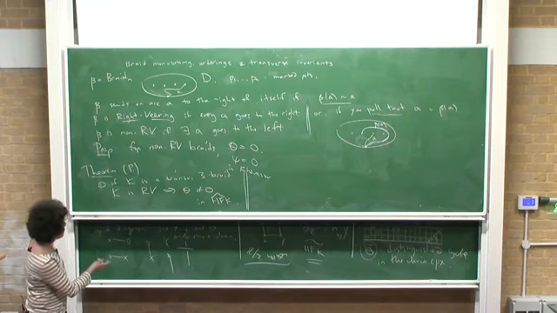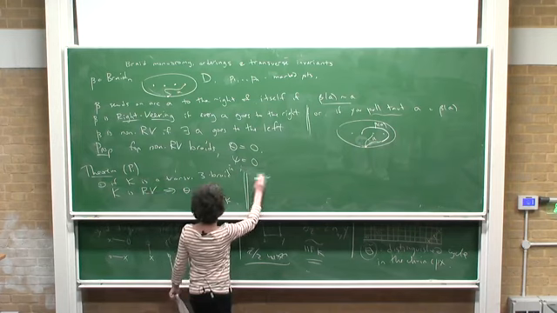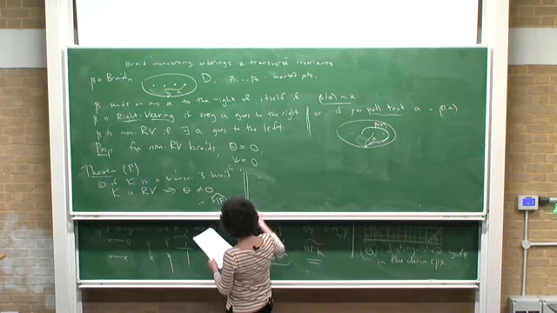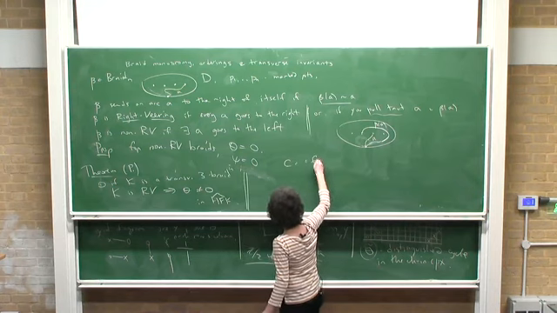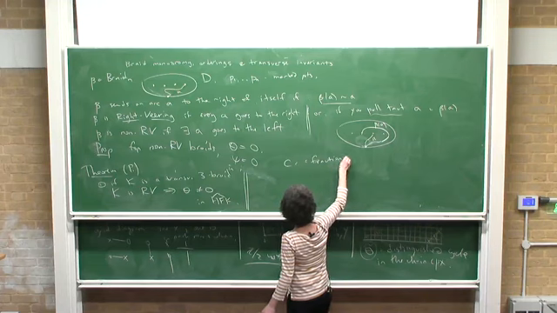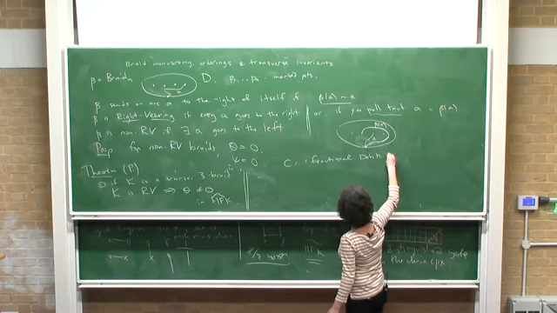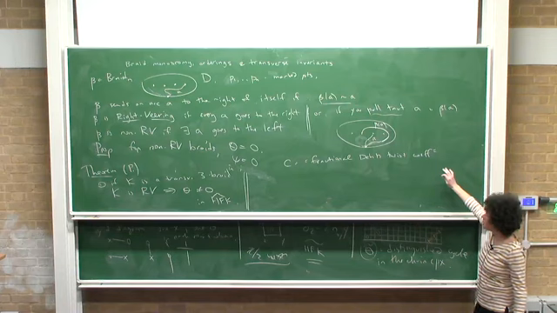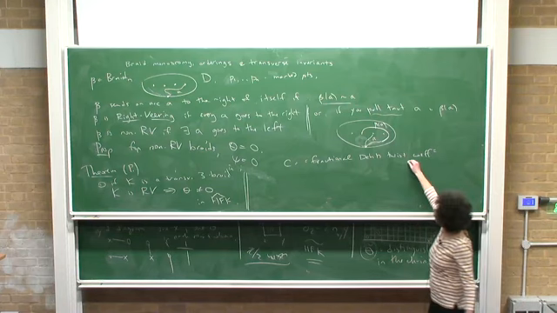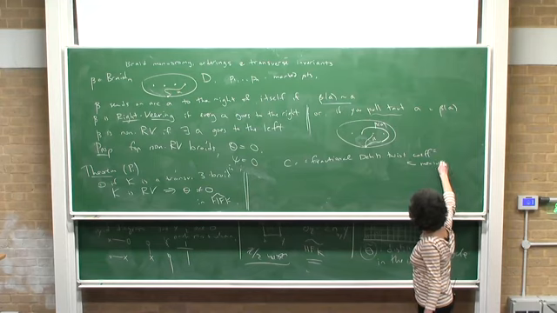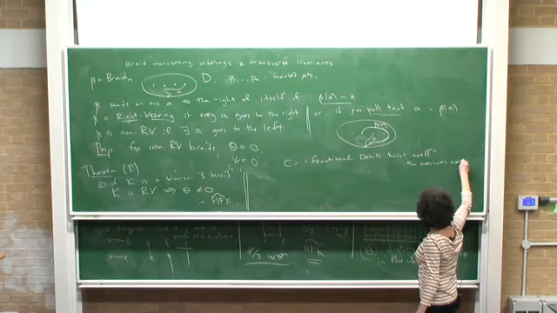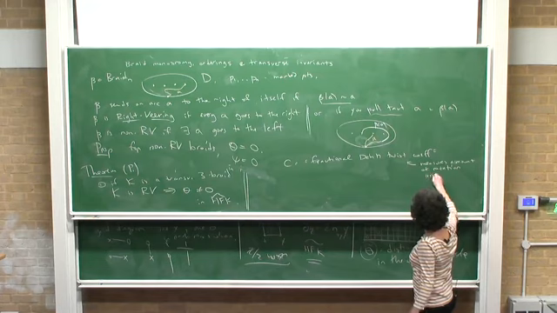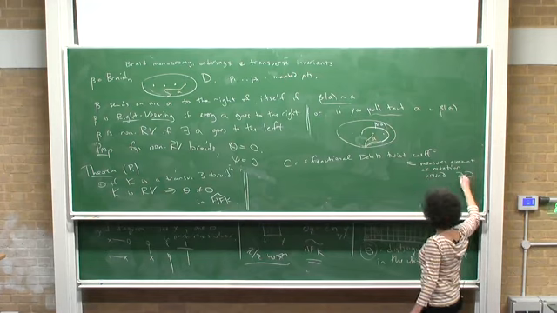But I can prove non-vanishing if I can control the amount of positive twisting, if I know that this is more than something. So let me say that C is something called the fractional twist coefficient. Again, some of you probably know what this is. If you don't know, I'm not going to tell you. I'll just say that this roughly measures the amount of rotation of the braid monodromy around the boundary of the disk.